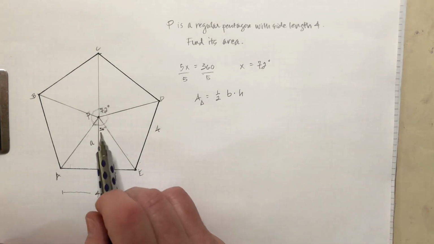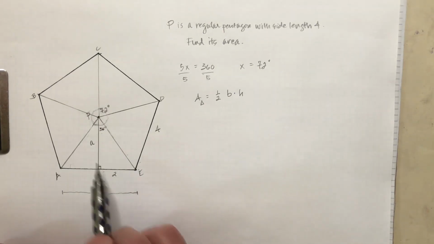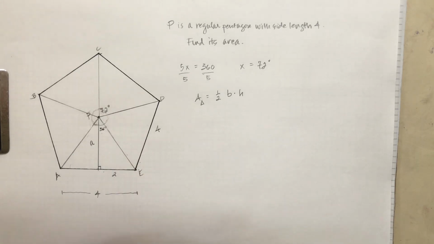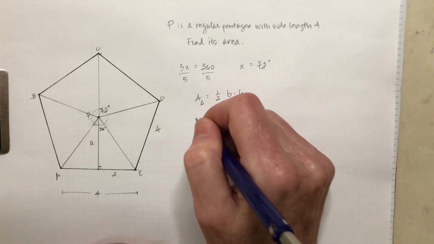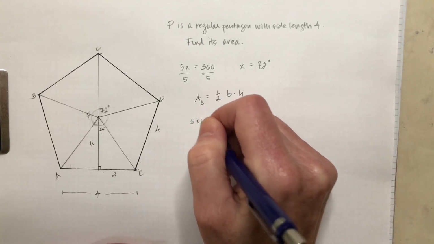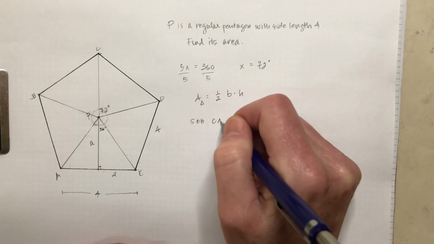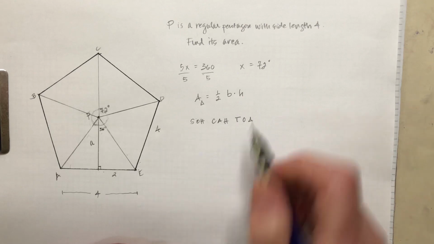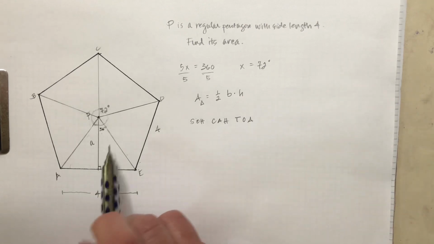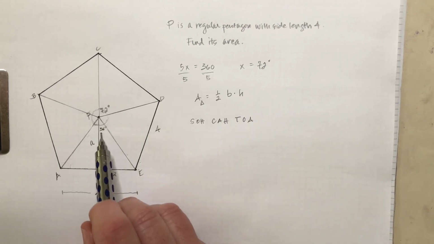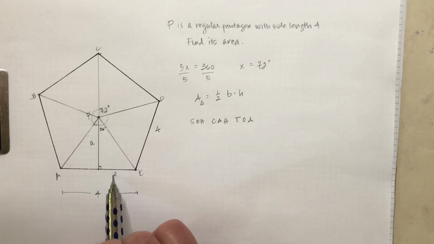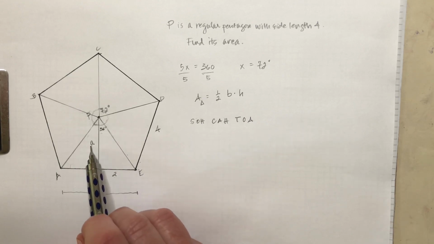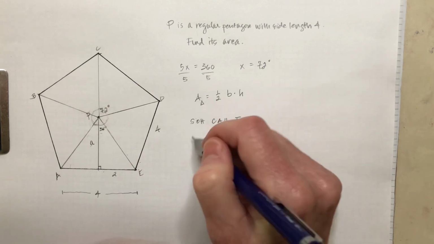Knowing that this angle is 36 degrees and this side is length 2, how can we find A? We can use trigonometry. Recall that sine is opposite over hypotenuse, cosine is adjacent over hypotenuse, and tangent is opposite over adjacent. In this triangle we have this angle, we know the opposite, and we want the adjacent, so we're going to use the tangent.